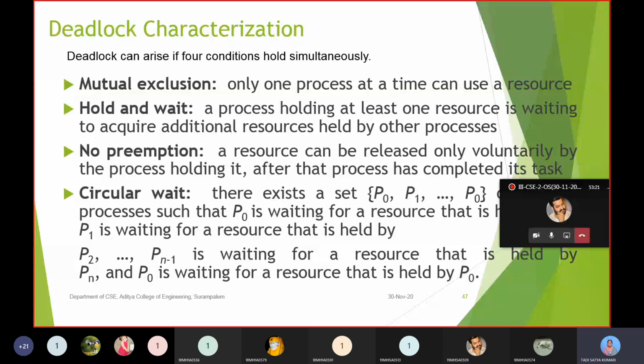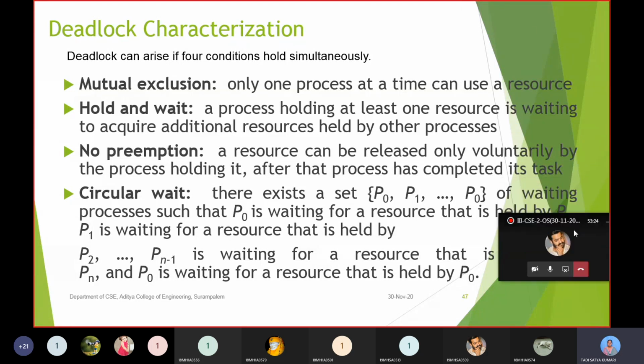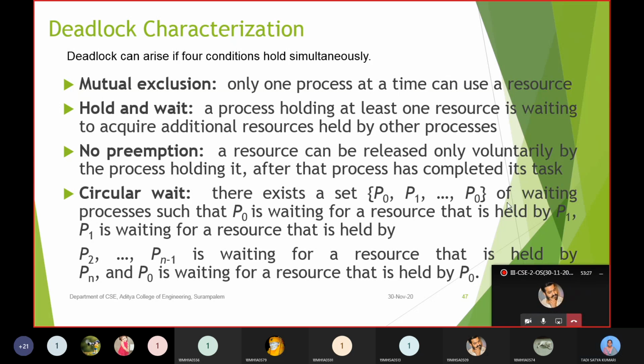And the fourth important condition of deadlock is circular wait. Here there is a set of processes called P0, P1 and so on up to Pn. All these processes are in the waiting state.